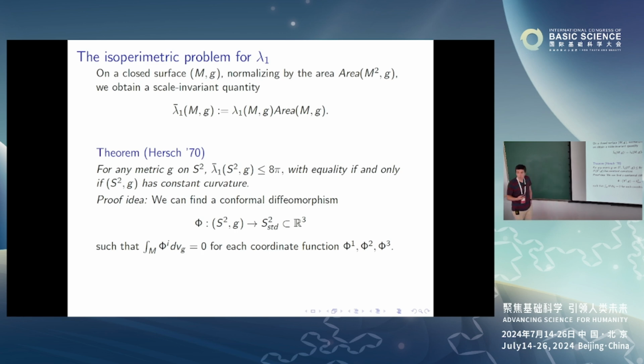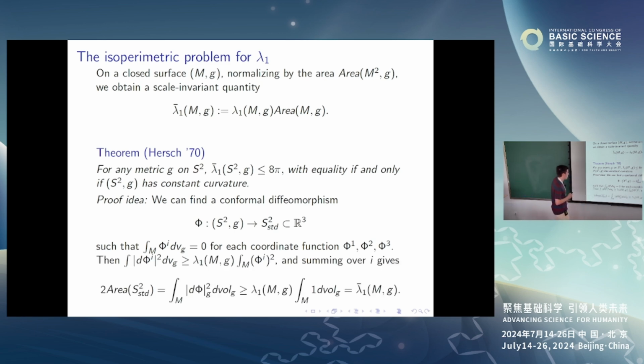So in particular, those coordinate functions become test functions for this Rayleigh quotient definition of the first eigenvalue. And plugging that in, we see that the energy is bounded below by lambda 1 times the L2 norm. And then we just read this through. Well, because phi is conformal, we know that this energy here is exactly twice the area. And then that's bounded below by the first eigenvalue times, well, we sum over the squares of these phi i's.